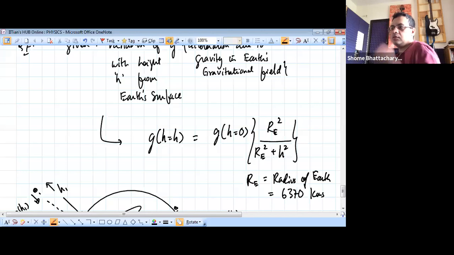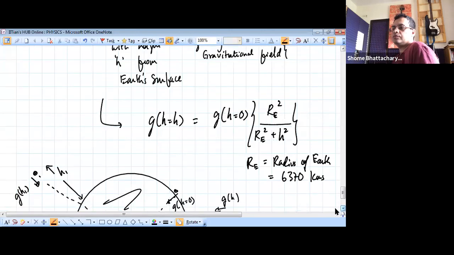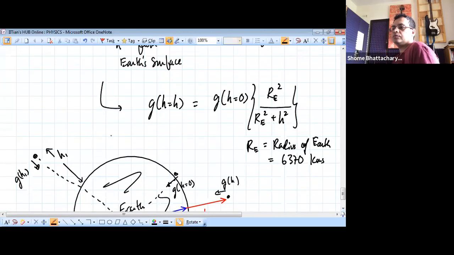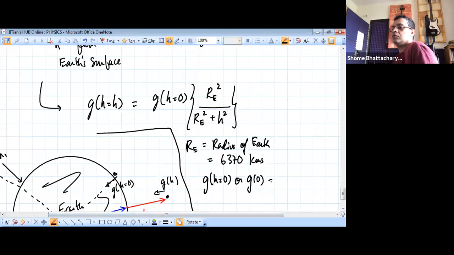And we will take G0 on the surface. Yeah, sorry, this whole square in the denominator.